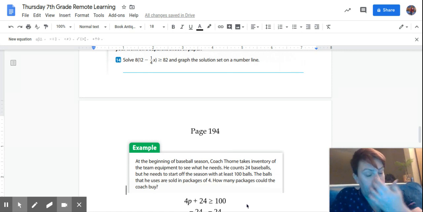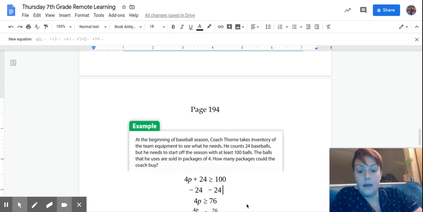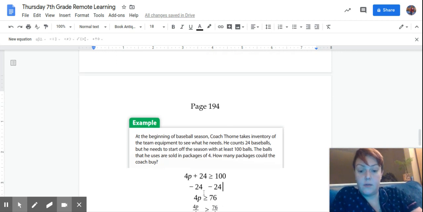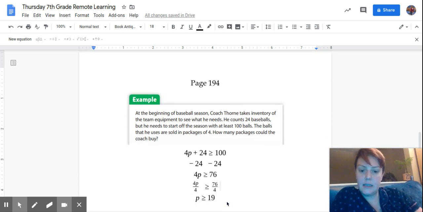And so how many packages could he buy? Well, we would subtract 24 from both sides, get 4p is greater than or equal to 76, and so he needs to buy at least 76 more baseballs. And then we divide by the number touching x, and we get that he needs to buy at least 19 packs of baseballs.